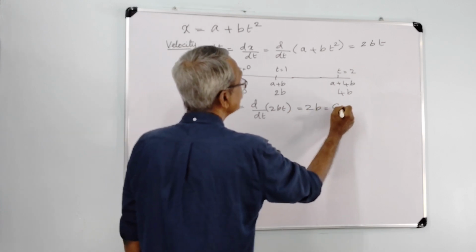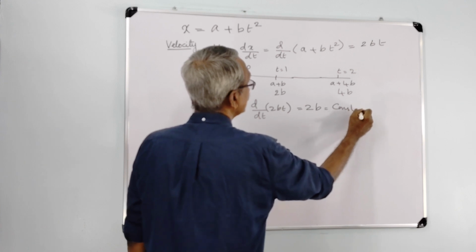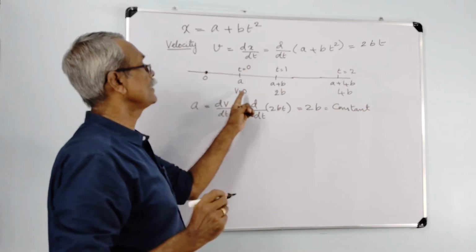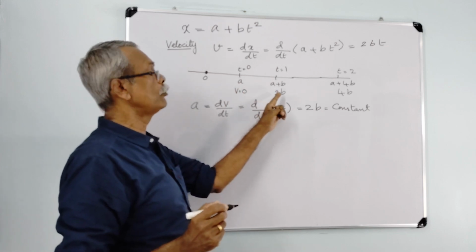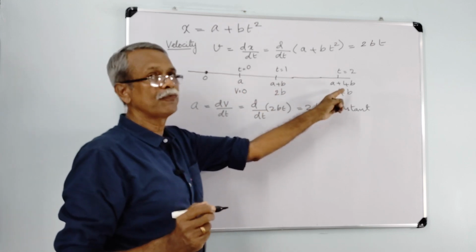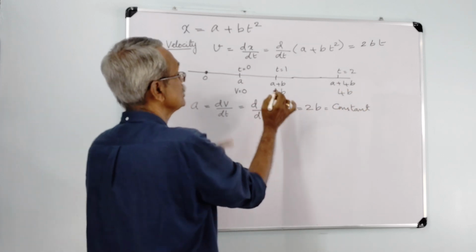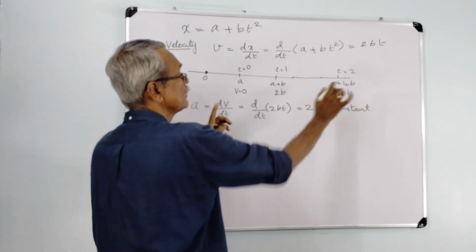And we find that this is a constant. Acceleration is the same always. Velocity is 0, in 1 second it reached 2b, in 2 seconds it reached 4b, like that. Therefore the acceleration is a constant. The rate of change of velocity is a constant.